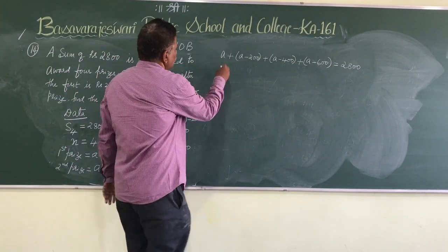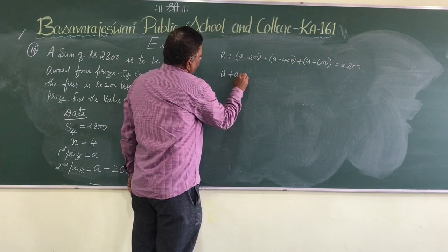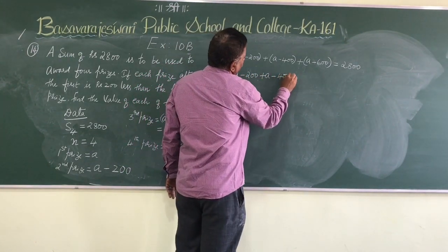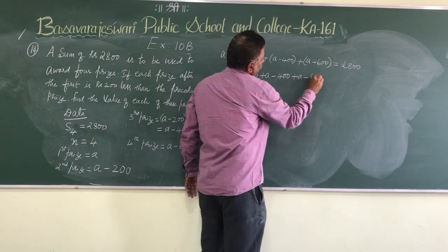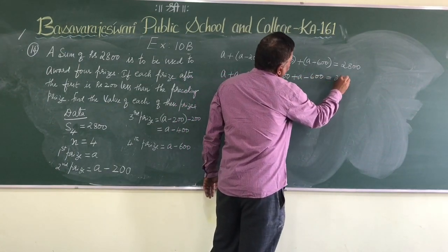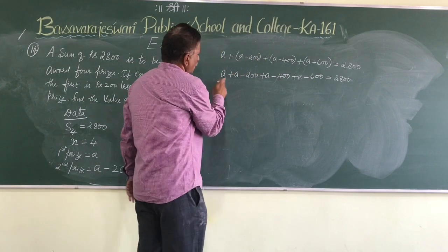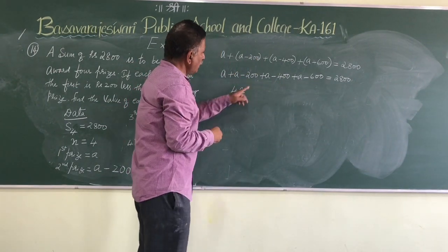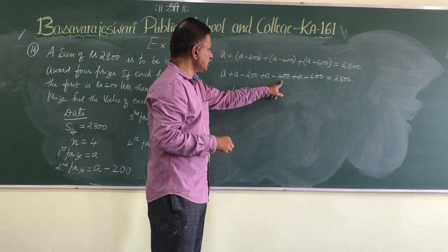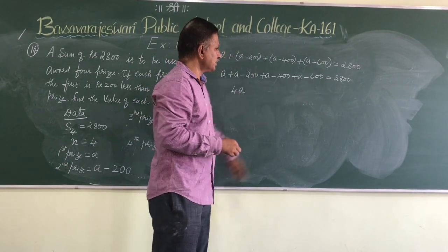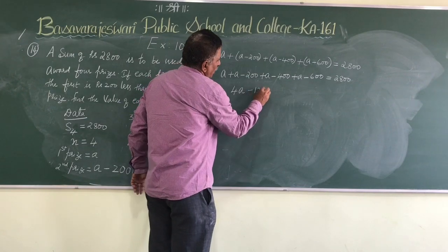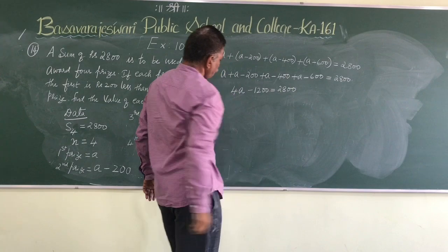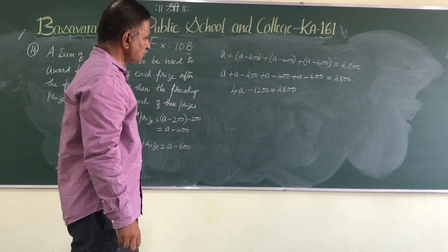It is very clearly given that the sum of all the 4 prizes is 2800. So this will become A plus A minus 200 plus A minus 400 plus A minus 600 is equal to 2800. A plus A plus A plus A gives 4A. Minus 200 minus 400 is minus 600, minus 600 minus 600 is minus 1200, which is equal to 2800. No doubt, all are divisible by 4.